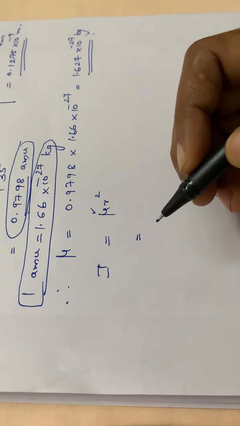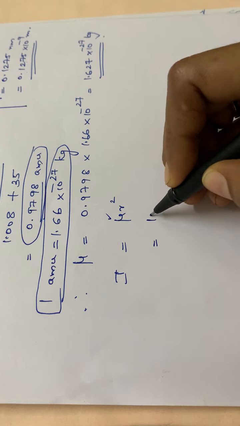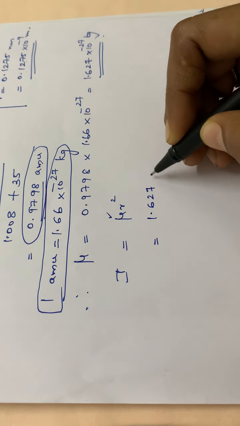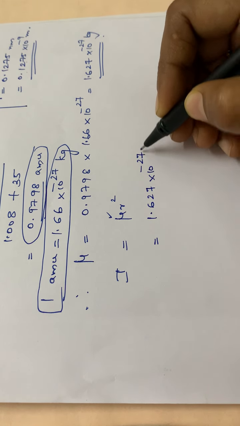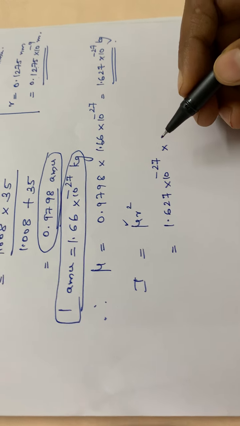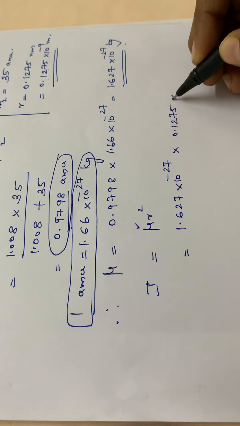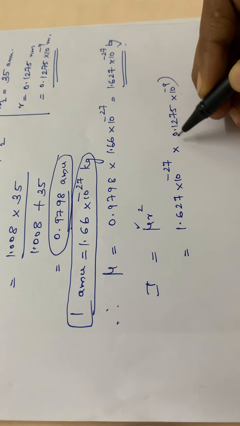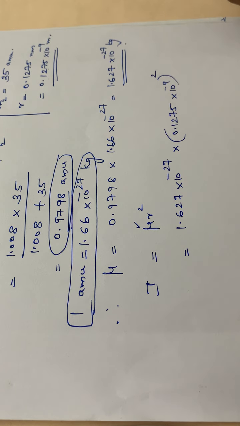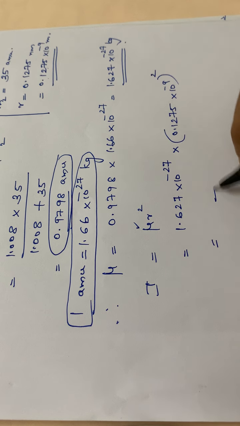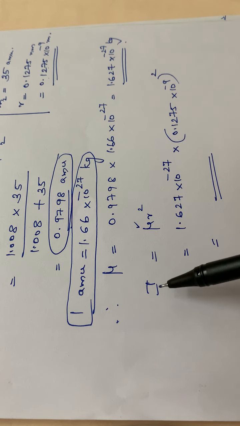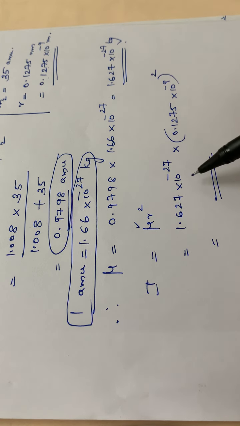Therefore, we can substitute the values: mu is 1.627 into 10 raised to minus 27, into r square, where r is 0.1275 into 10 raised to minus 9, the whole square. The answer you get gives the moment of inertia. You have to multiply these values and write the answer. So this is how you calculate.